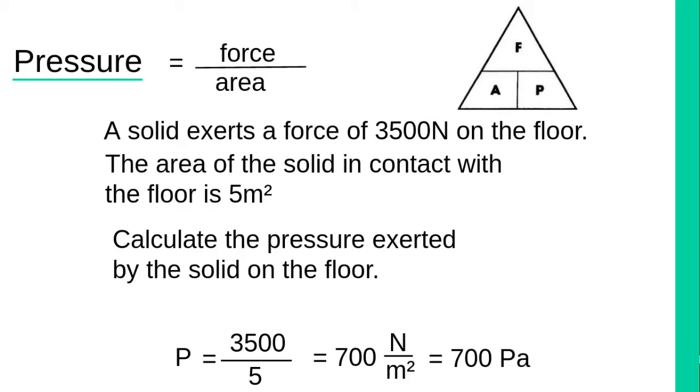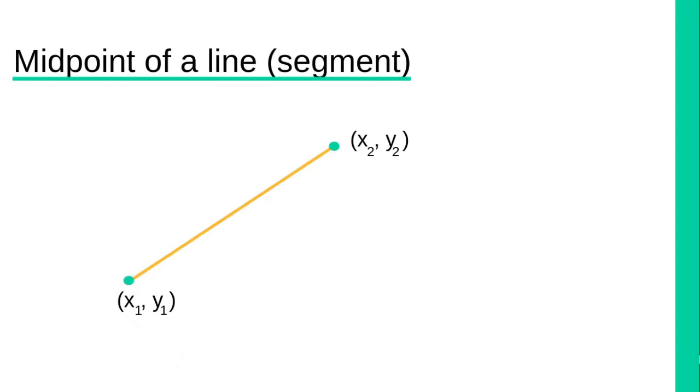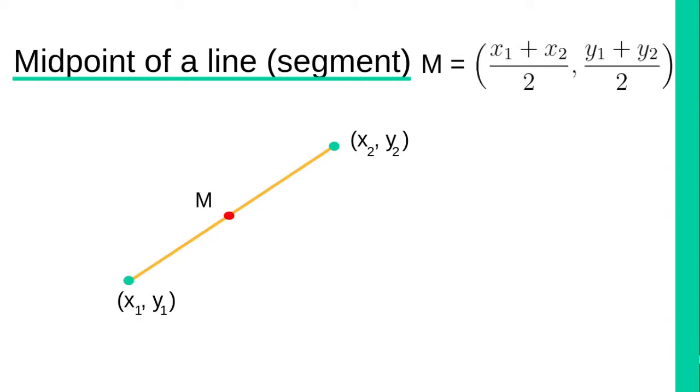Now let's see more advanced mathematical formulas. If we have a line that joins 2 points (x1, y1) and (x2, y2), and we want to calculate the coordinates of a midpoint M, the coordinates will be given by the formula.